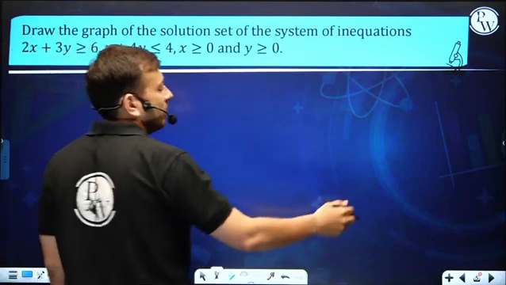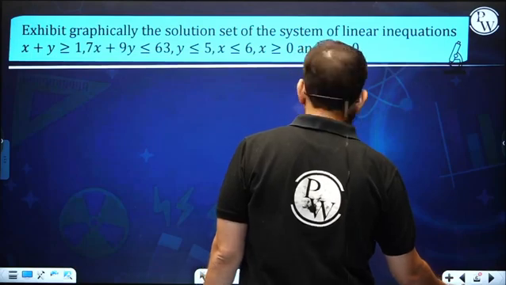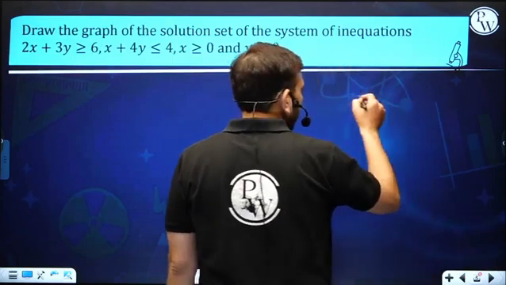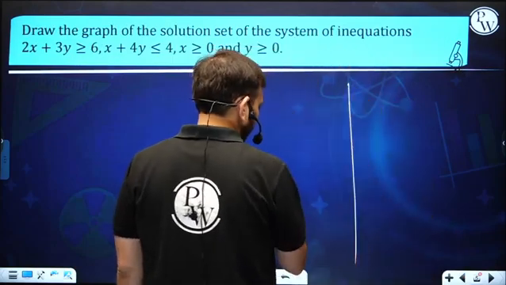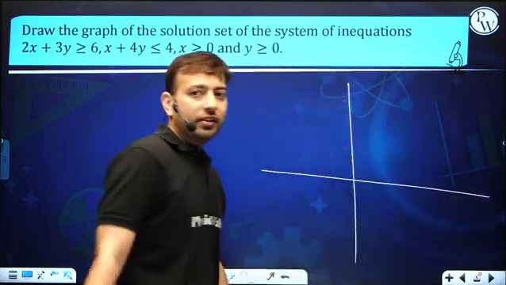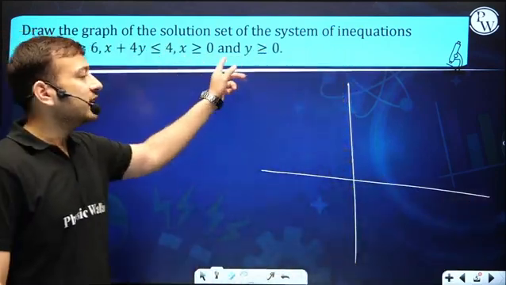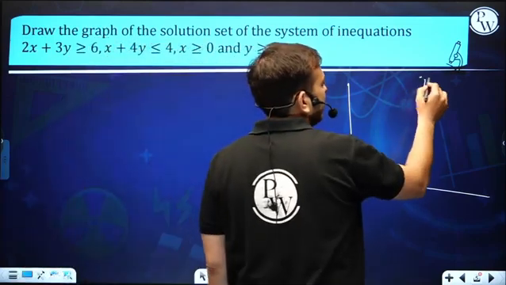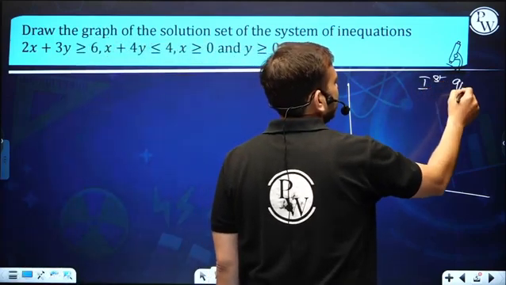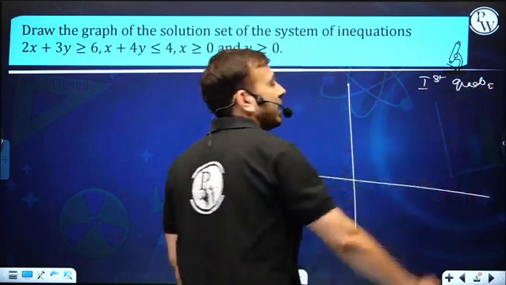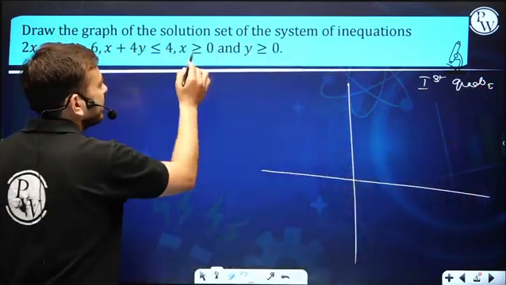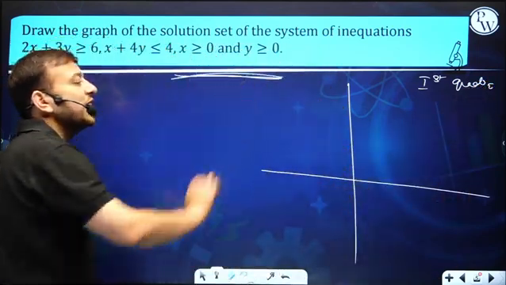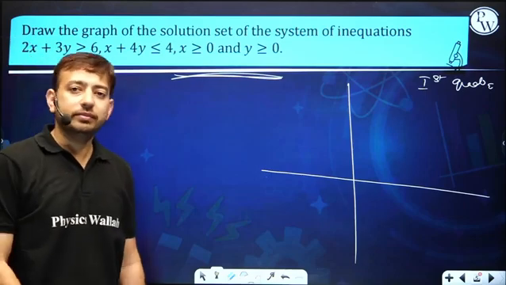Now, first of all, I have kept a different page. So, if this is your system, x greater than or equal to 0, y greater than or equal to 0, both positive means first quadrant, means I need the answer in the first quadrant. These two mean you need the answer in the first quadrant.